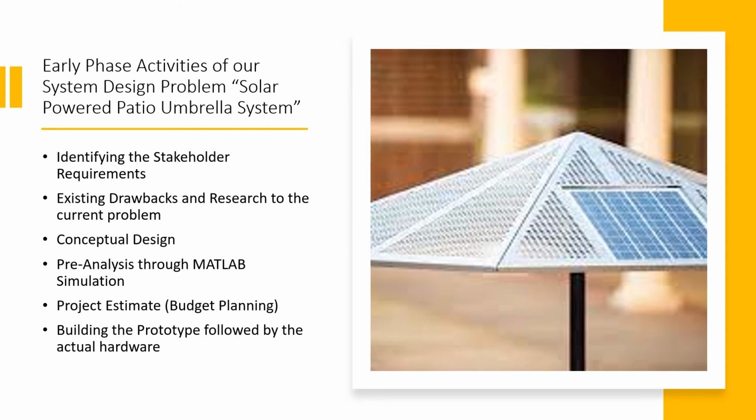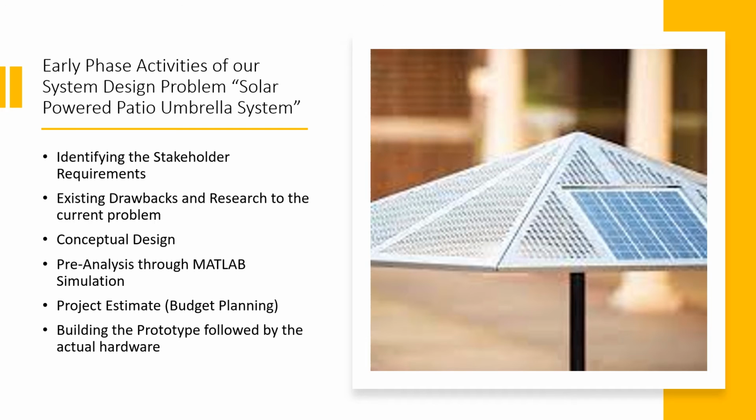Coming back to our example, the early phase activities associated with our design problem, that is the solar powered patio umbrella system, can be first to identify the stakeholder requirements, because only if the objective is clear can we proceed further, and at every stage we need to keep the objectives and the aim in our mind and perform the design process sequentially.